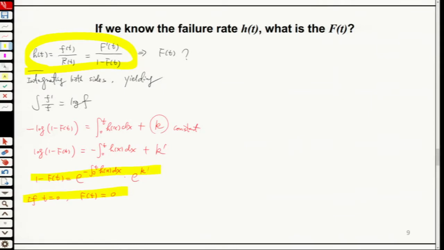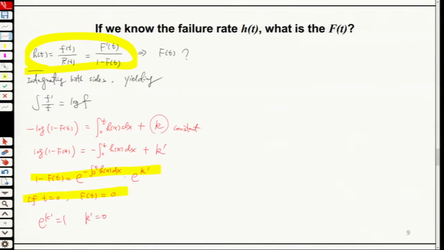If k prime doesn't equal 0, then they don't equal each other. So k prime has to equal 0, so exponential of k prime equals 1.